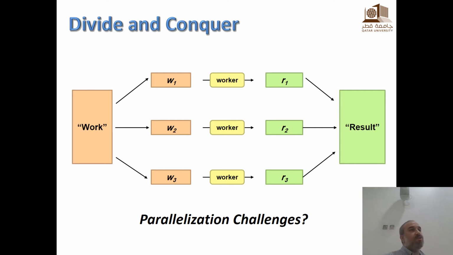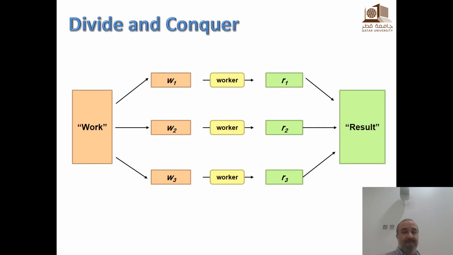Now, in our context, when we have big data and our application is data intensive, we will see from this picture that we'll have many parallelization challenges. What do we mean by that? What are the problems that we will face to parallelize such a solution? First, before we talk about the challenges, what are some assumptions here?